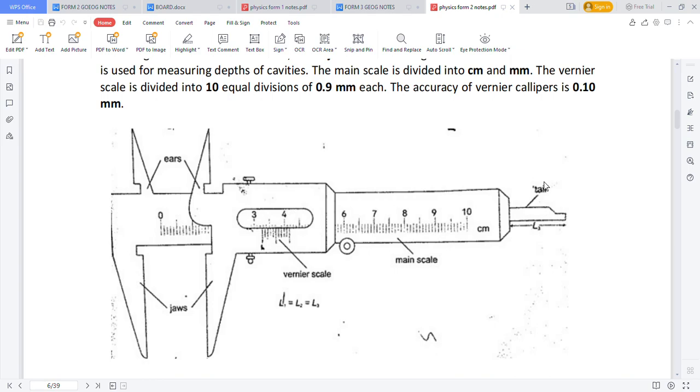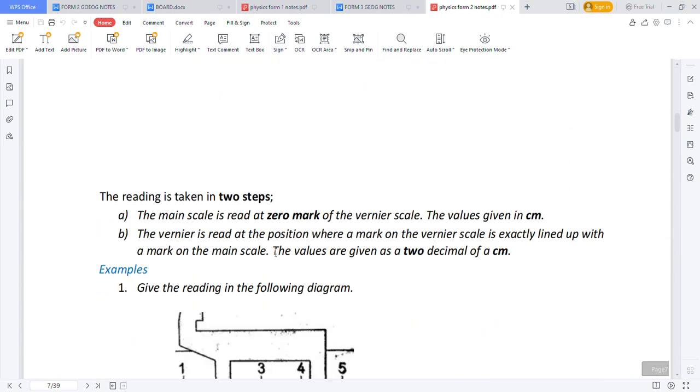So this is the vernier calipers we are talking about. You have seen it and interacted with it in your laboratory when doing practical. You have the vernier scale, main scale, jaws, ears, then the tail. The reading is taken in 2 steps.